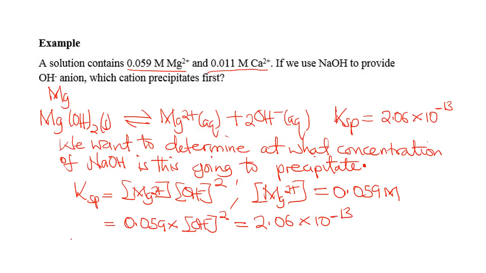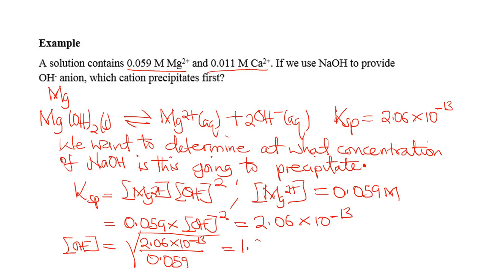Which means the hydroxide concentration is equal to the square root of 2.06 times 10 to the power negative 13 divided by 0.059. So this is equal to 1.9 times 10 to the power negative 6 molar.